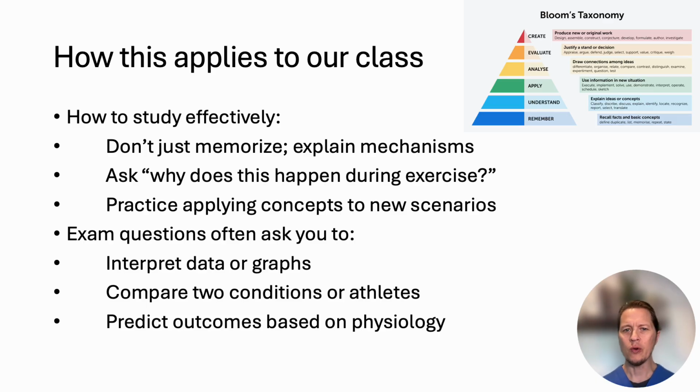The higher you go, the more you appreciate it and you can start explaining it to others. Because basically, if you can teach it, you probably understand it. If you're only studying at the remember level, at level 1, you're probably under-preparing for your exams. Exercise physiology lives in the apply, analyze, and explain space.